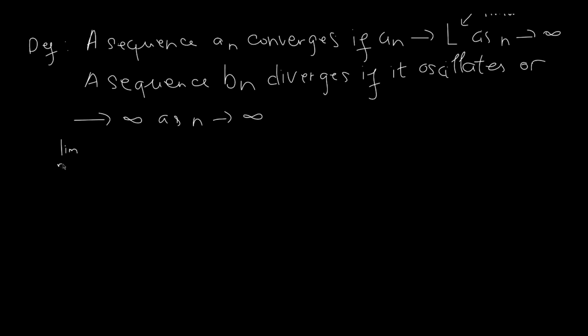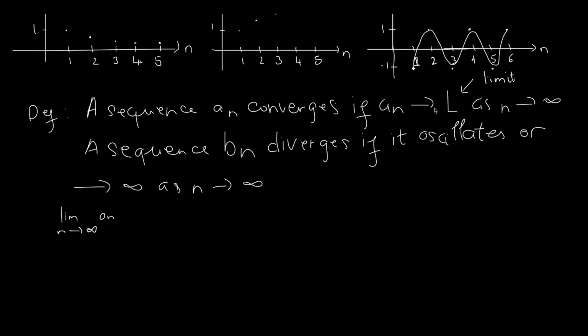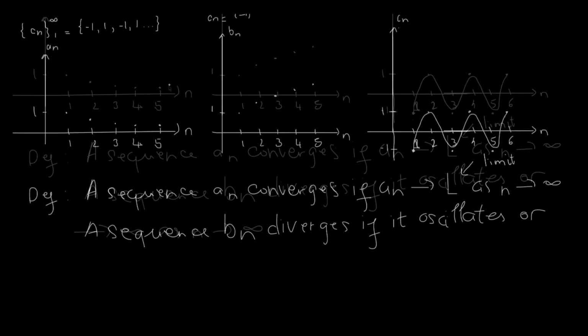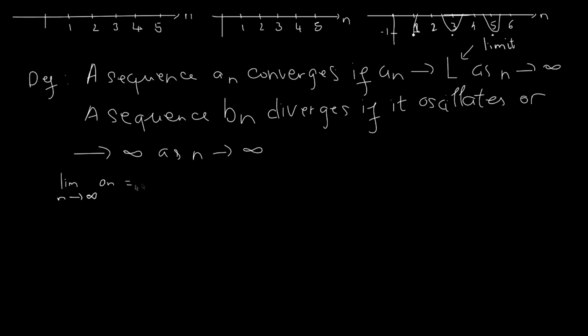So we've got the limit as n tends to infinity of an. Now we just substitute an as 1 over n, which equals the limit as n tends to infinity of 1 over n.